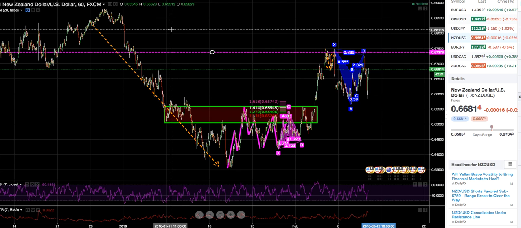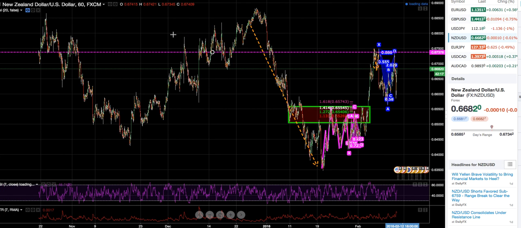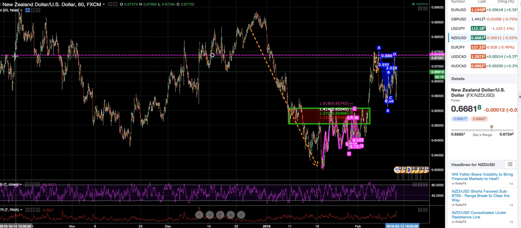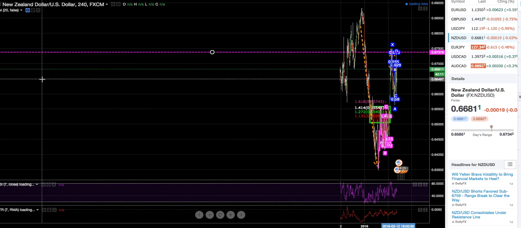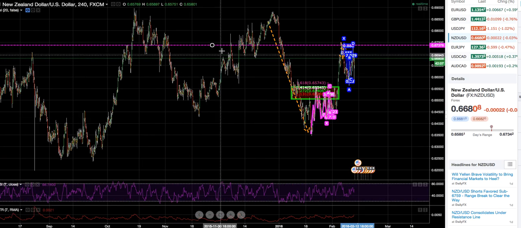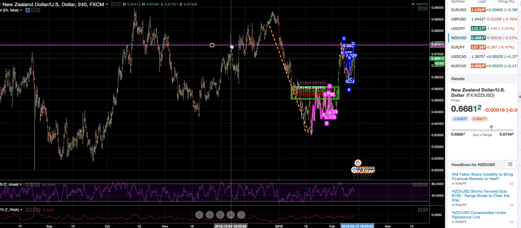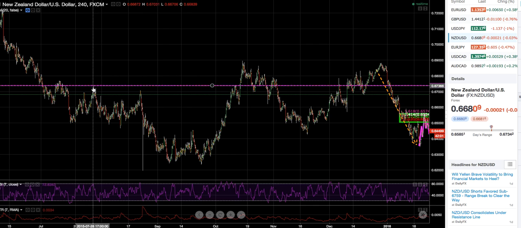Let's zoom out, take a look at if we have some more structure. We have some right here. We have some right here. Let's check out the higher time frames. We do have some right here and right here. We have some right here, have some right here.